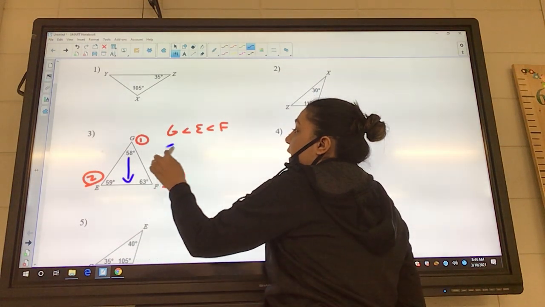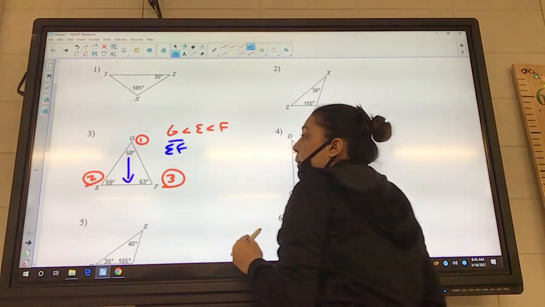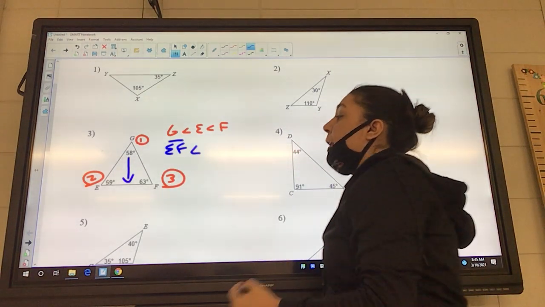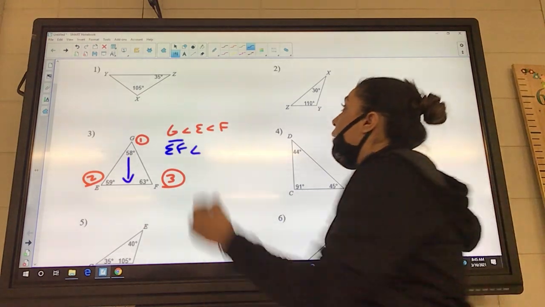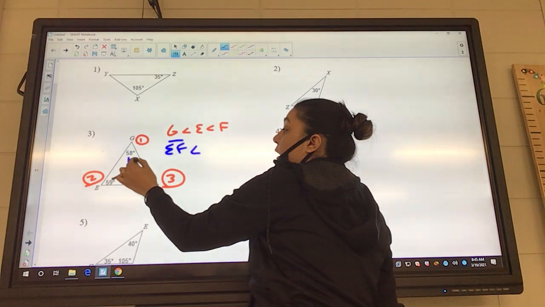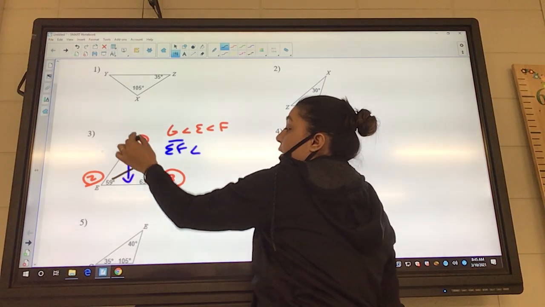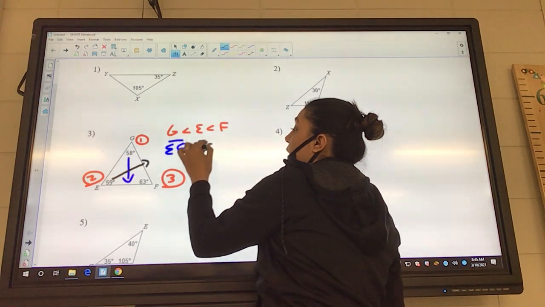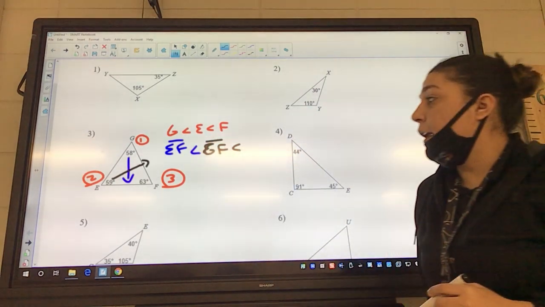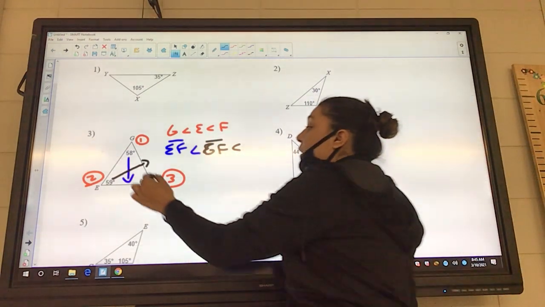So you would say EF, and we always put the line above because it's a segment, is smaller than, and then you look at the next smallest angle. The next smallest angle is E, and so you draw a line straight across, and that's GF. So segment GF is smaller than, and the last one is F.